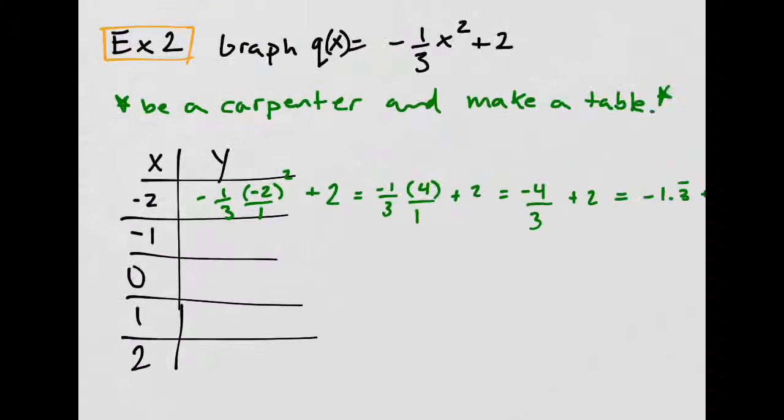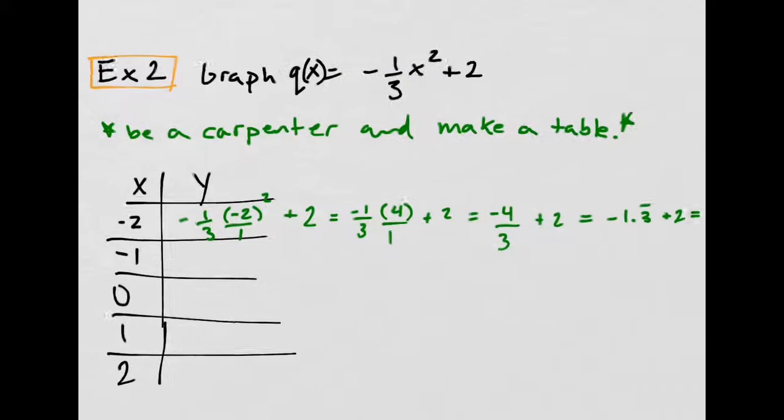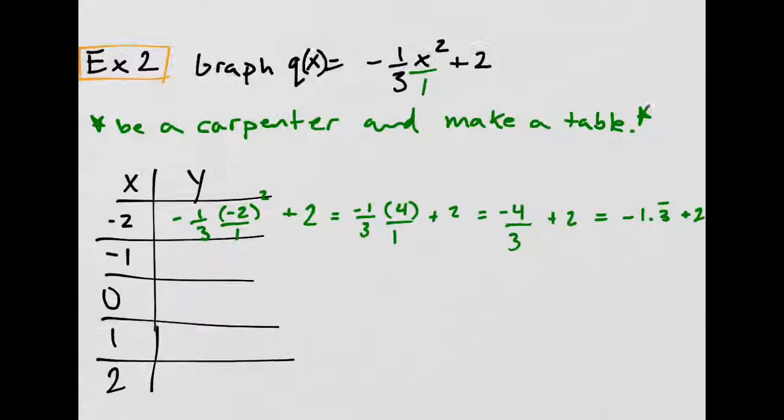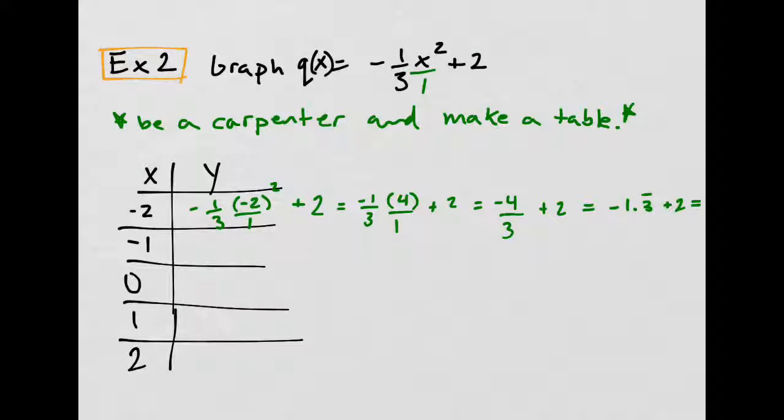And then here, if I plug in a negative 1, well, negative 1 squared is 1. 1 times negative 1 is negative 1. And then divided by the 3, that would just be negative 0.3, repeating. So my y value ends up being positive 1.6, repeating.